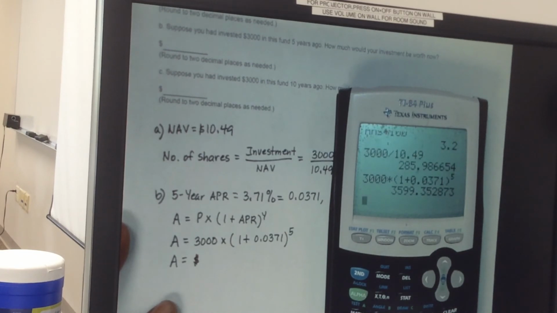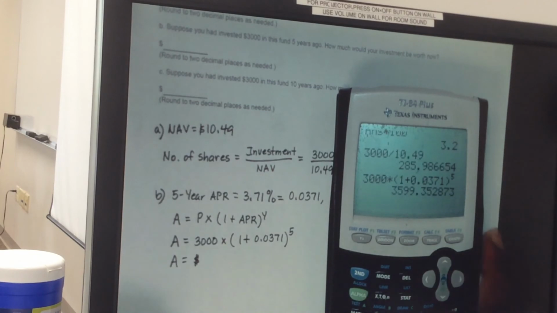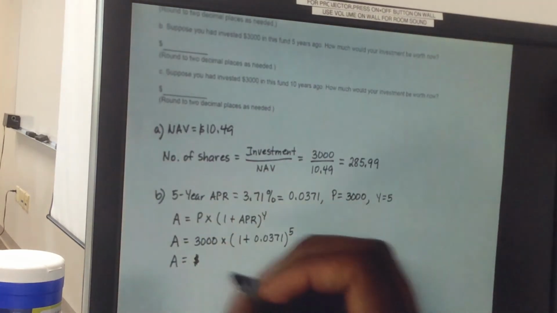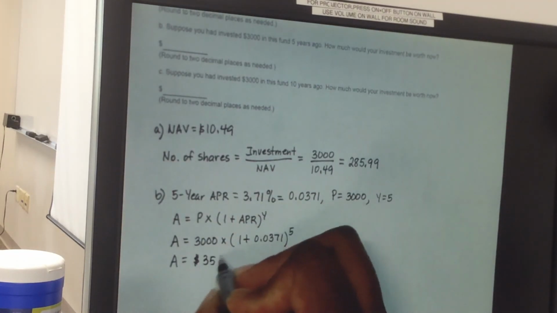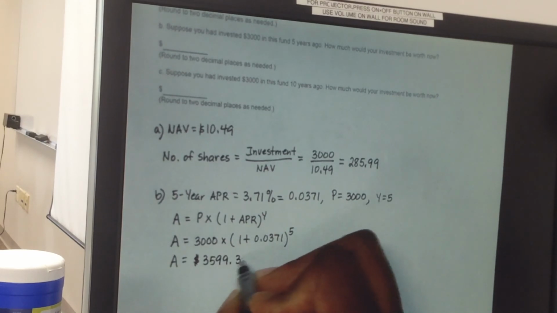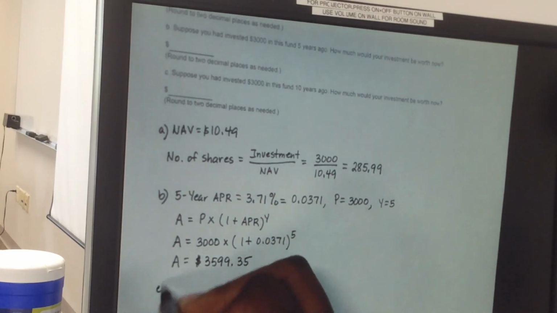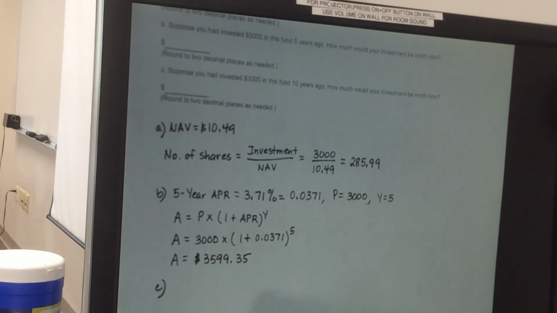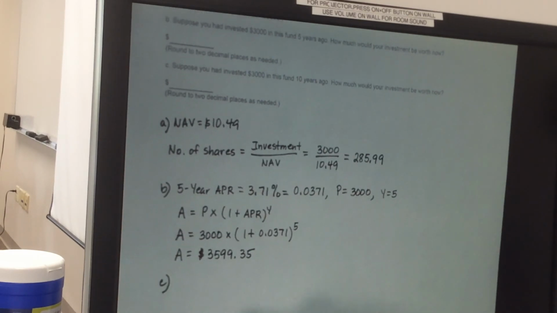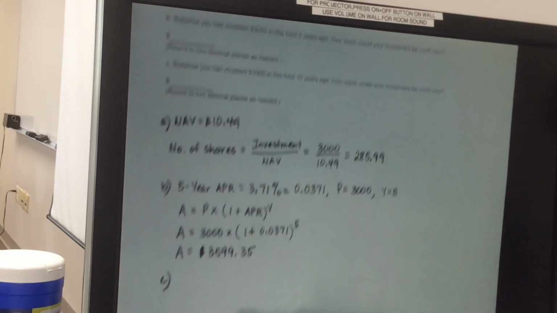To the nearest cent, or to two decimal places, will be $3,599.35. Okay, so that would be the amount that it will be worth now if that investment was in that fund 5 years ago.